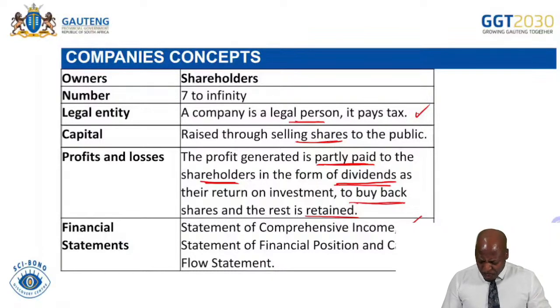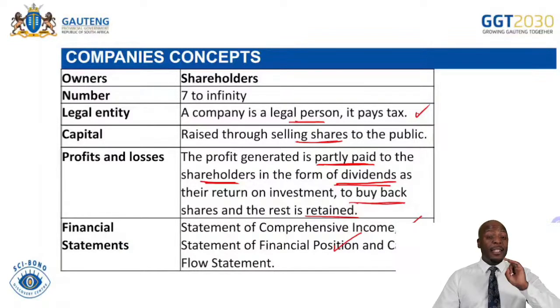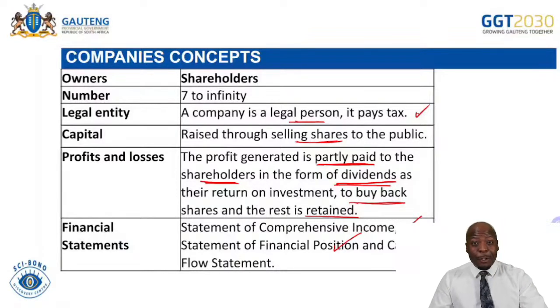We're also going to do what is known as the statement of financial position. All right. Formerly the balance sheet. And then there's a new statement that we're going to do in grade 12. That is called the cash flow statement. So this year we're going to do these three statements: statement of comprehensive income, statement of financial position, as well as your cash flow statement.